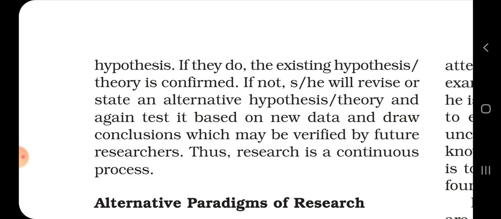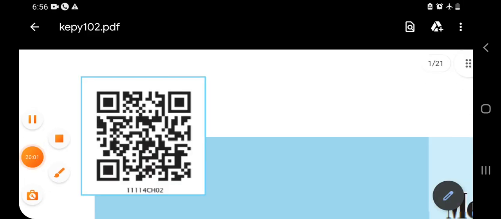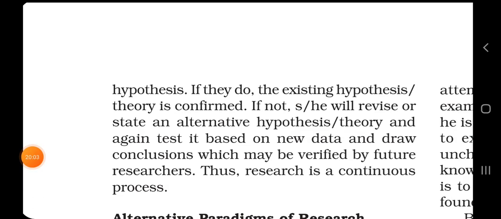If it is wrong, and this data is being used by others, they will propose the alternative hypothesis. If it exists, then you say the existing hypothesis or theory is confirmed. If not, he will revise or state an alternative hypothesis.